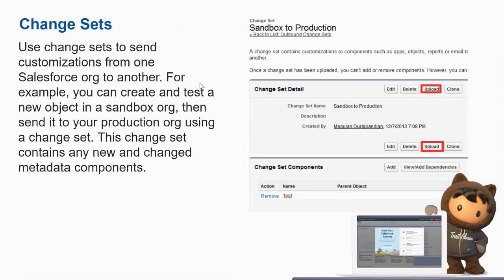Okay, change set. Now we have come to deployment. This change set slide is actually about deployment, how an application goes from UAT to staging to production, how it's deployed. So what is a change set? Anything from sandbox to production is done through deployments using a change set.